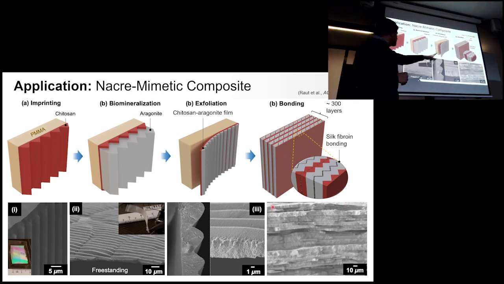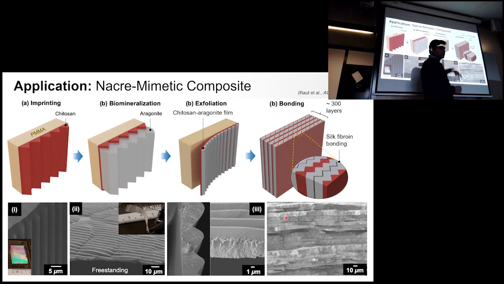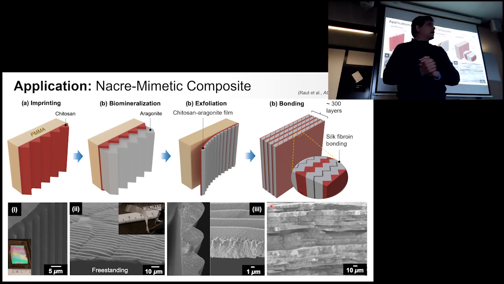So this is the process flow. This is the chitosan topography. As you can see, the film is iridescent because of the structures on top. Then we mineralize, peel off, and stack multiple layers like that.